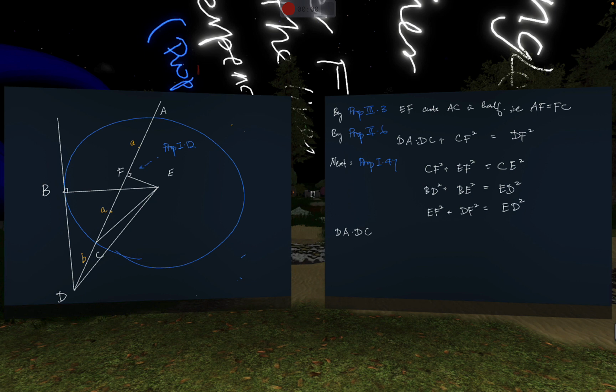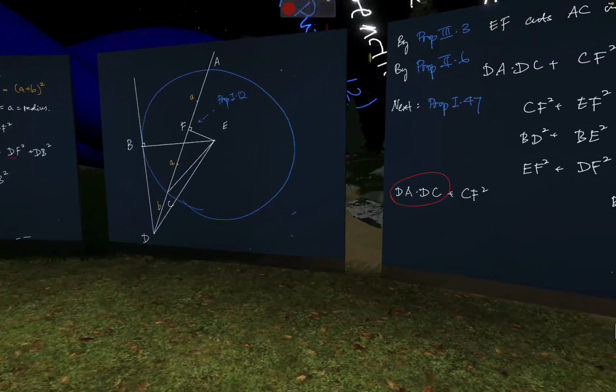So DC, I'm going to start there, and we want BD on the other side, so we probably have to add a whole bunch of stuff to both sides. I'm going to add BD squared to both sides because the statement we want is that this thing is equal to this thing.